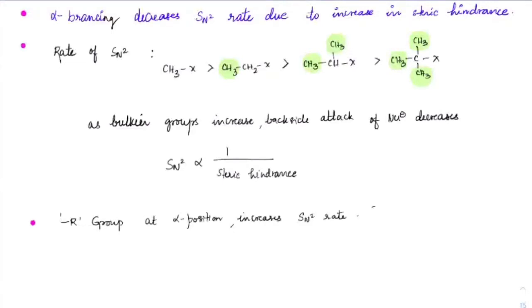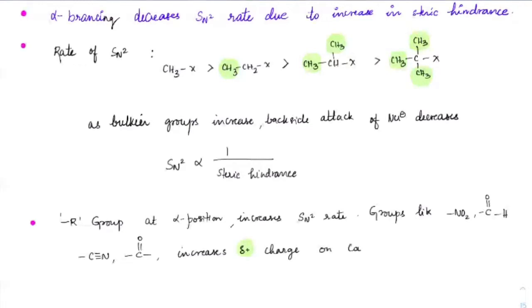In short, groups like NO2, C double bond O which we just saw, similarly C triple bond N, similarly any keto form C double bond O. I'll take this as aldehyde, this is keto form, C double bond C. All of these increase delta positive charge on the carbon bearing the leaving group. So I hope you guys understood that point.